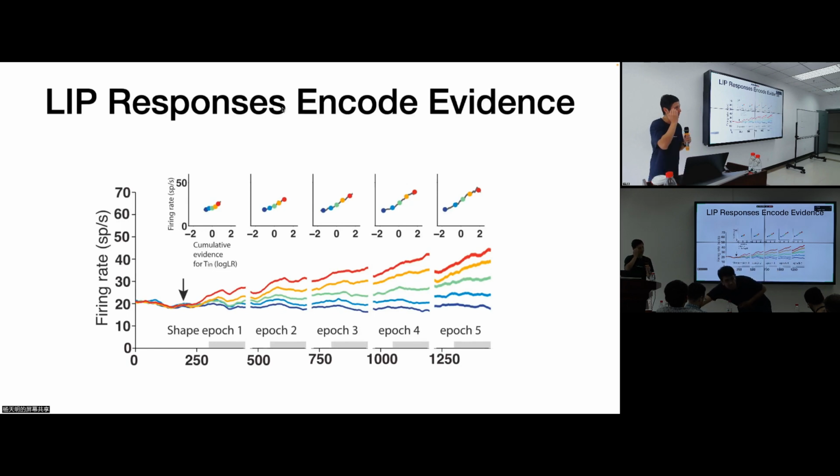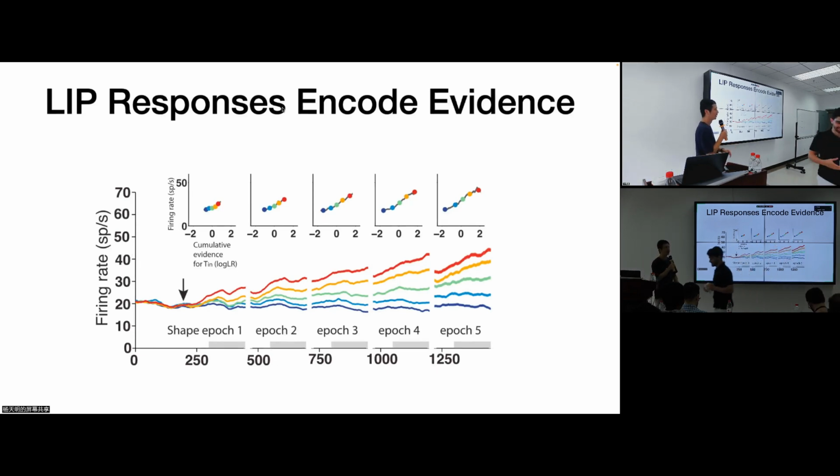Yes. Might be a stupid question, but if I don't use the log likelihood, I just use the sum of the weights, I can still get a positive or negative correlation. And for my readout neurons, I can have another form. So my question is basically why we need a linear relationship between the log likelihood and the neuron's response.